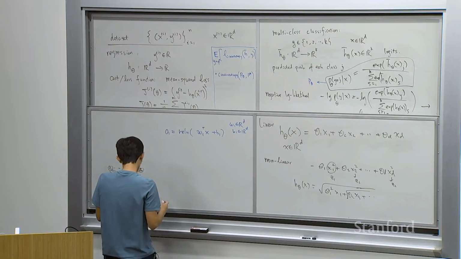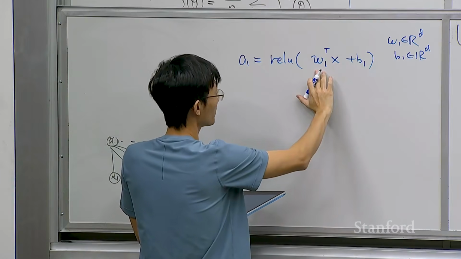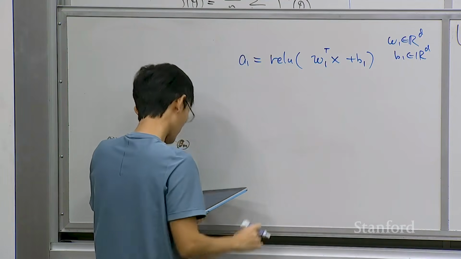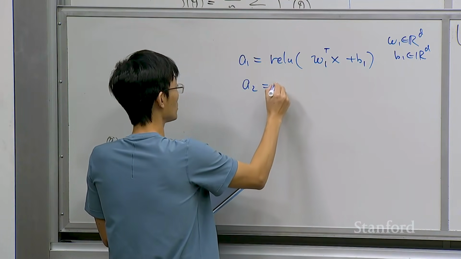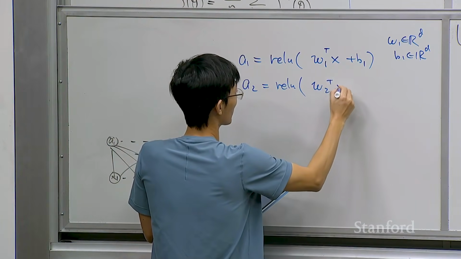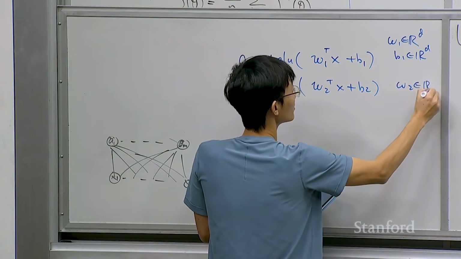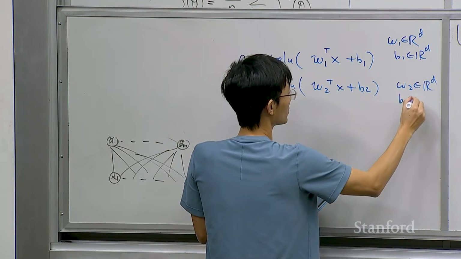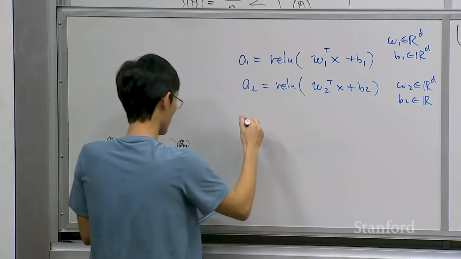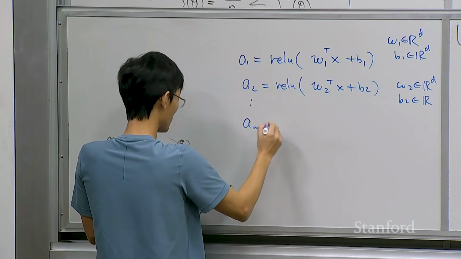I use W and B just because people use W and B to distinguish the weight matrices and the biases. And then you have a2, which is ReLU of w2 transpose x plus b2, where w2 is in R^d and b2 is in R. And then you have a bunch of these, up to am.